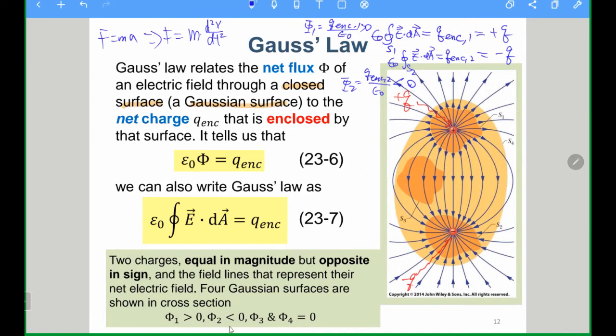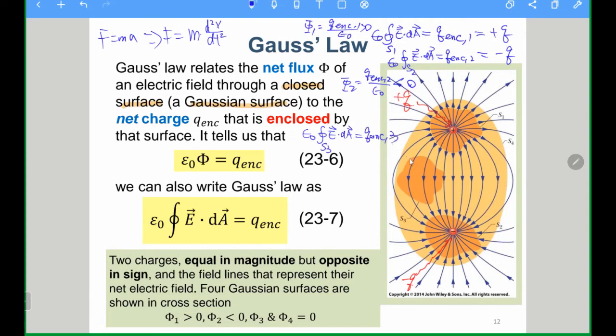And S3 is this one. So it encloses nothing. If we apply Gauss law for it, epsilon naught times the integration of E dot dA for S3 equals Q enclosed 3.